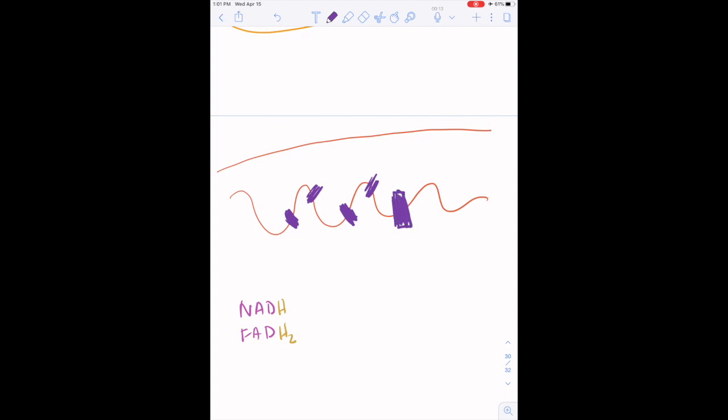These purple things here are proteins of the electron transport system, or the ETS. They're protein complexes. And I got this one over here that I draw to kind of look like a tall pilgrim hat. And I did it that way on purpose.